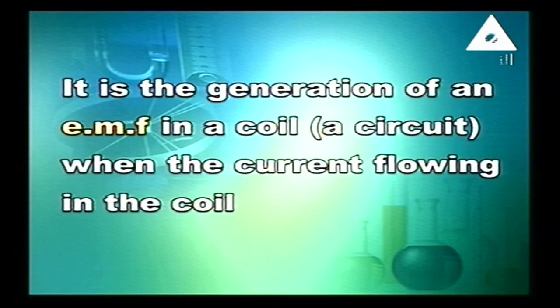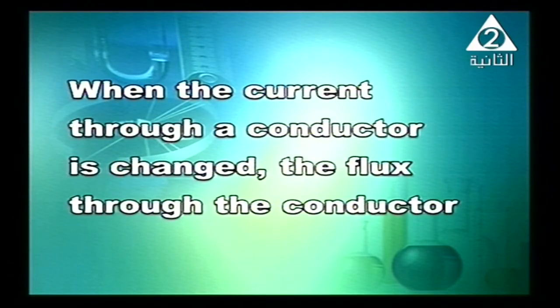What about it? It is the generation of an EMF in a coil, in a circuit, when the current flowing through a conductor is changed, the flux through the conductor is changed also, and this will induce an EMF in it.